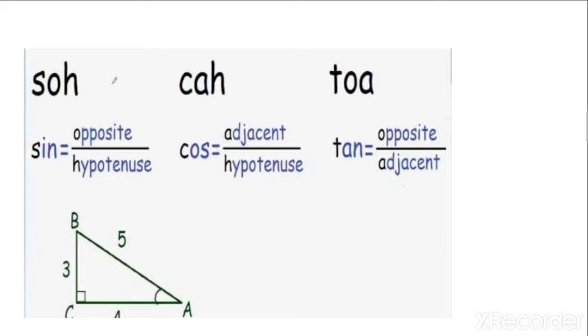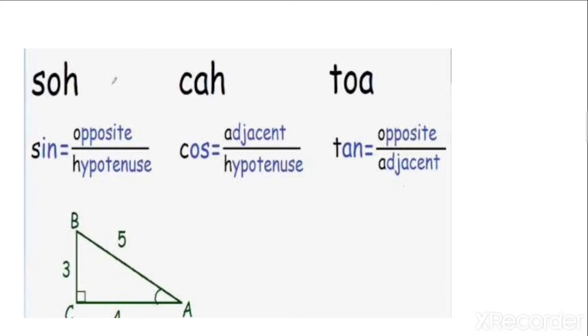Sine, cos, tan. Sine is opposite, that means the perpendicular by hypotenuse. Cos is base by hypotenuse, that is the adjacent. Tan is opposite by adjacent, that is perpendicular by base. So in that scenario, if I take the first letter of all the 3: sine S, opposite O, hypotenuse H, SOH.